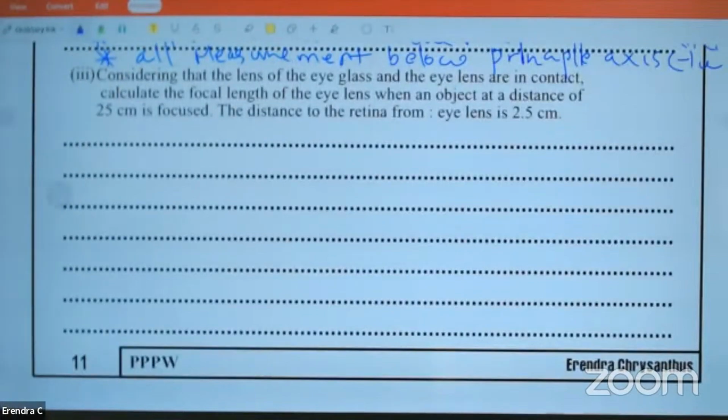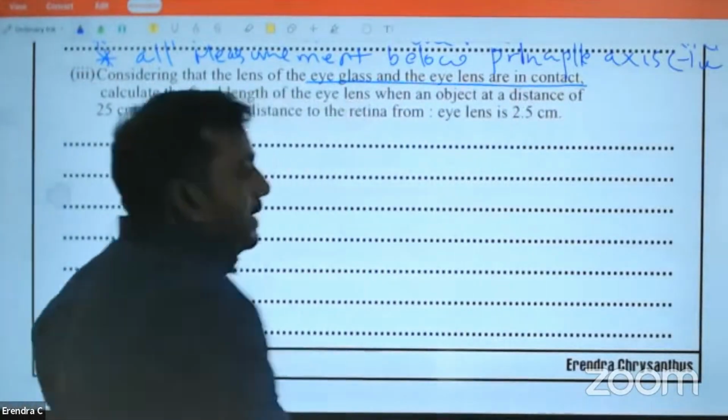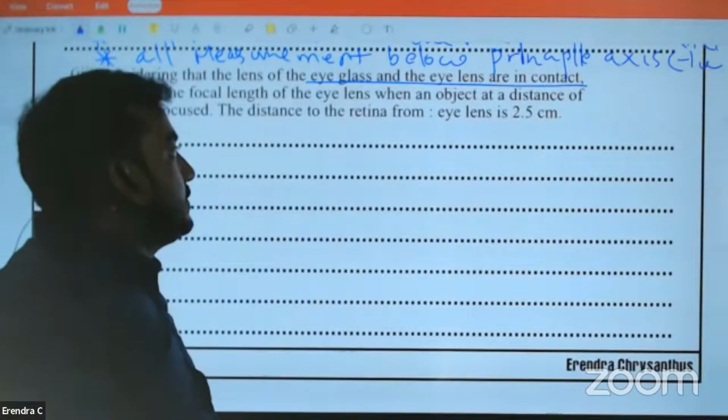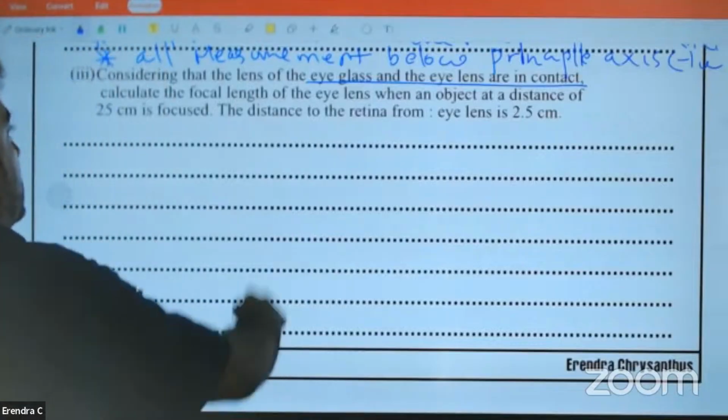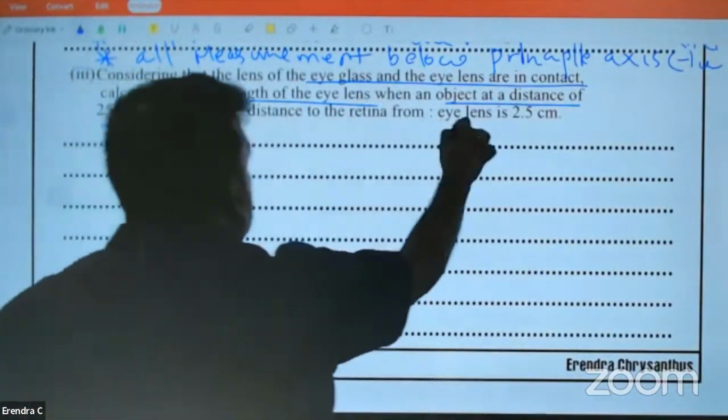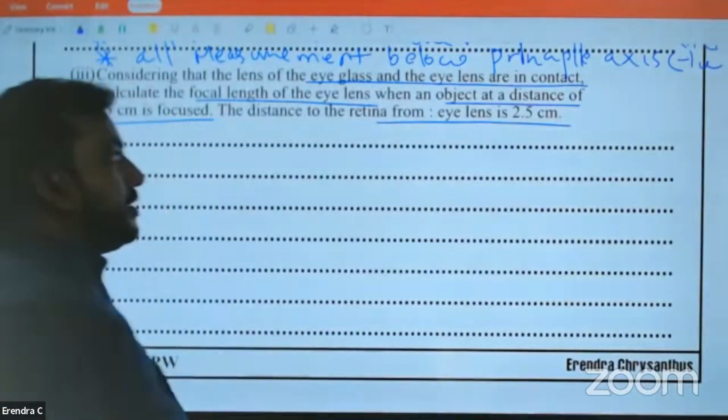Considering that the lens of the eyeglass and the eye lens are in contact, that means combined lenses, calculate the focal length of the eye lens when an object is at a distance 25 centimeter, distance to the retina is 2.5. Now look.